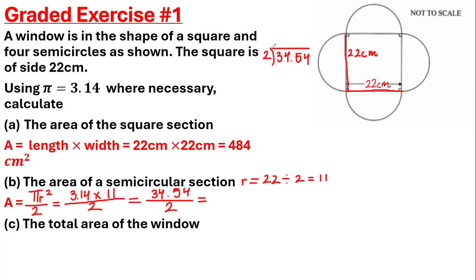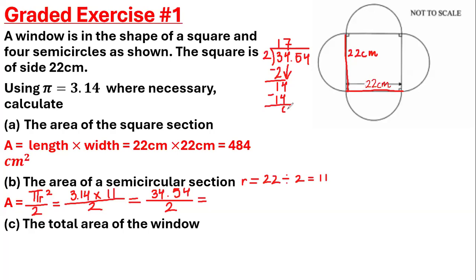So how many times does 2 go into 3? 2 goes into 3 1 time. 2 times 1 is 2. And 3 minus 2 is 1. Bring down the 4. 2 goes into 14 how many times? 7. 2 times 7 is 14. 14 minus 14 would be 0.